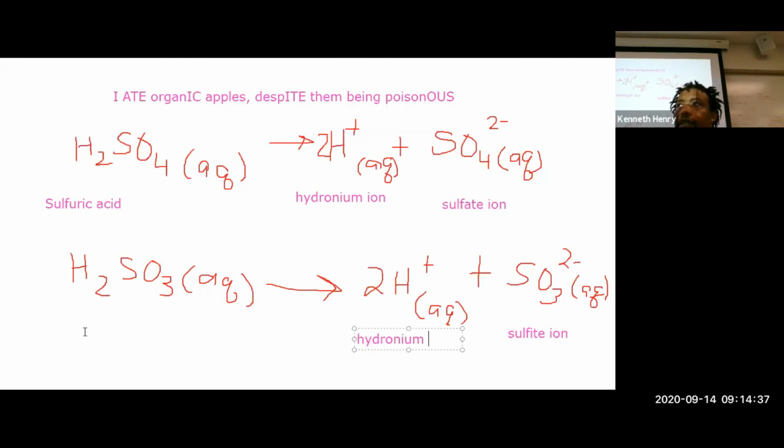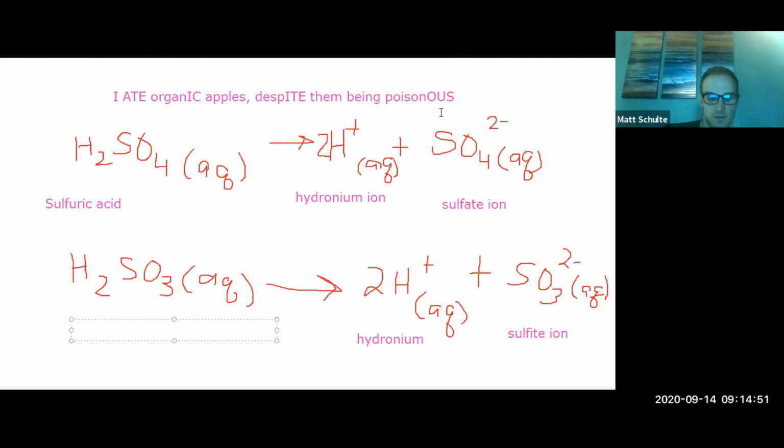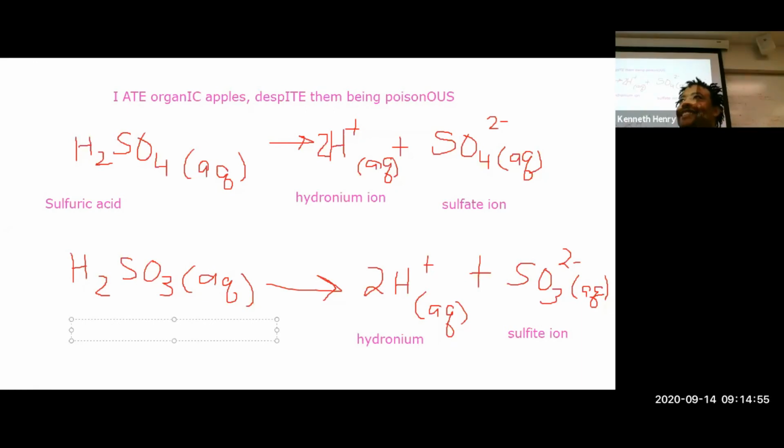And then this guy, the acid is going to be called what? ITE. Sulfurous. Sulfurous. Yes, that's right. Sulfurous acid. Okay, piece of cake.